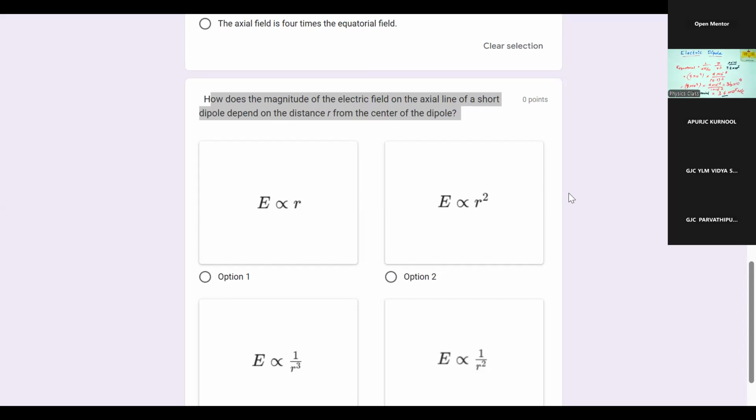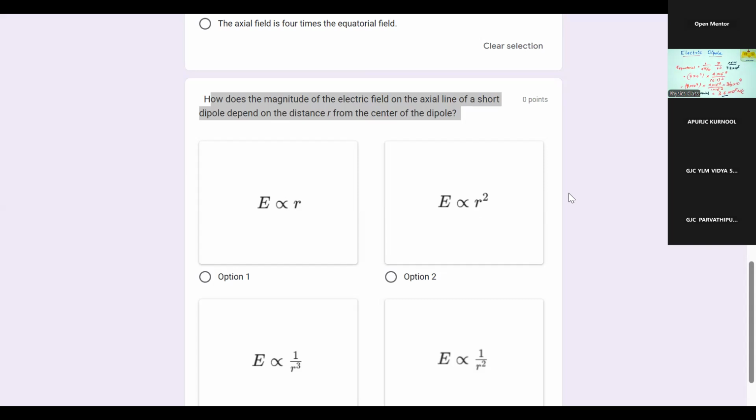The electric field is directly proportional or inversely proportional to some quantity in terms of r. In this expression, we can see another term, P, which is nothing but the dipole moment.